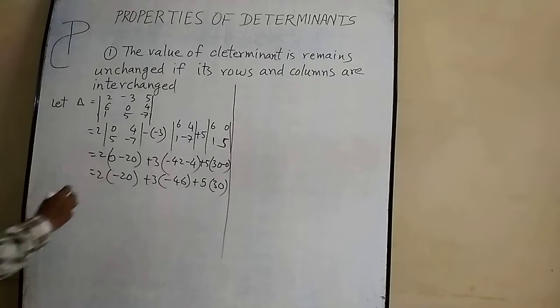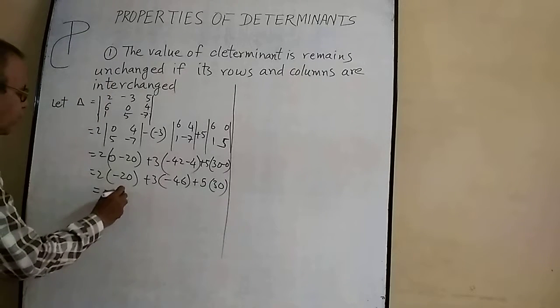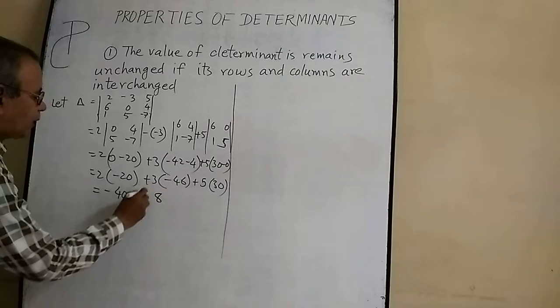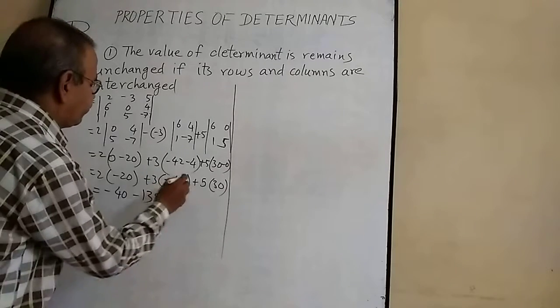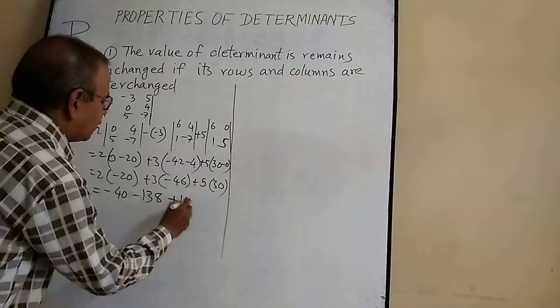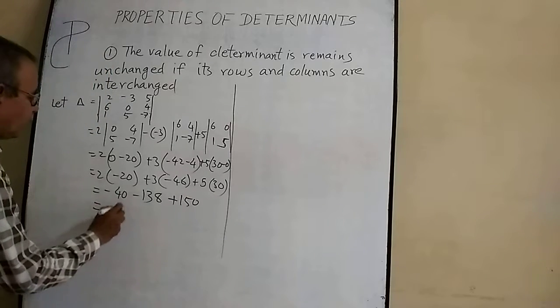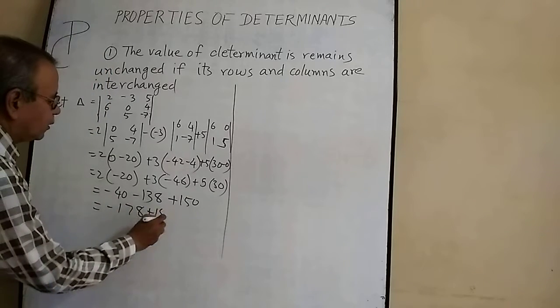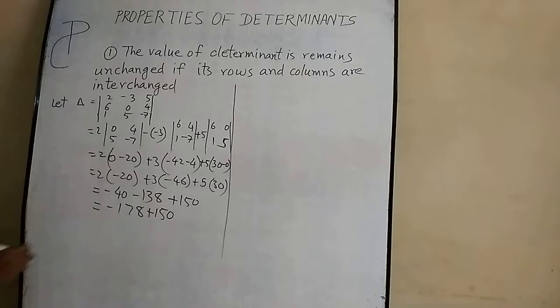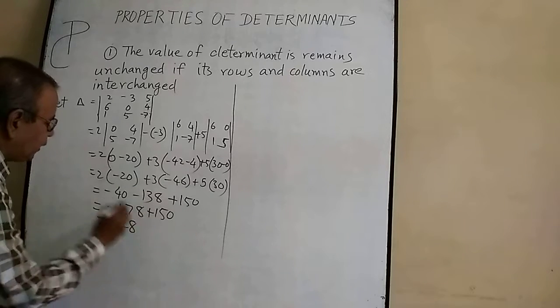And therefore we can write minus 40 minus 138 plus 150, minus 178 plus 150 is minus 28.